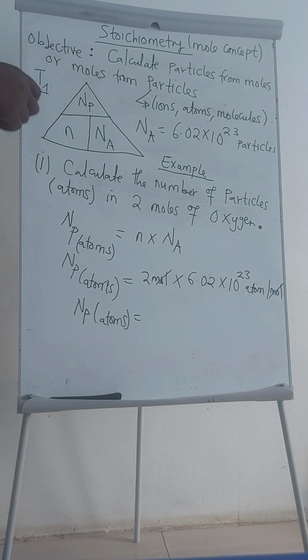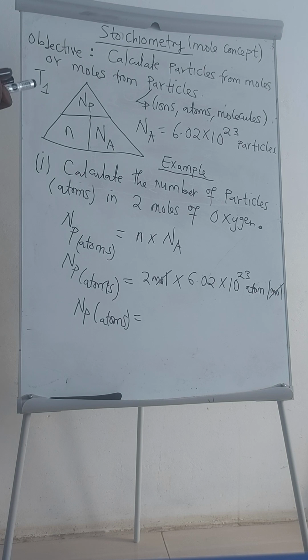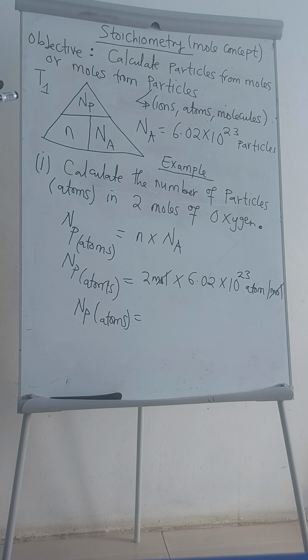We get the calculator: 6.02 times 10 raised to the power 23 times 2.